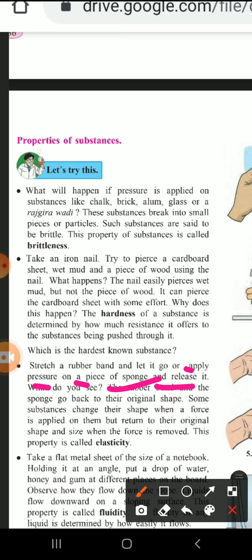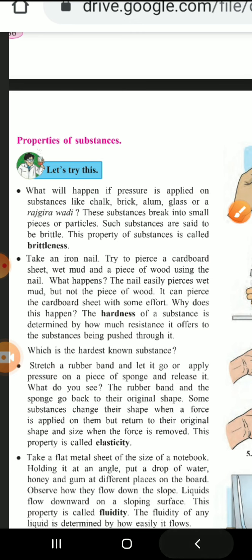The rubber band and the sponge go back to their original shape. Some substances change their shape when a force is applied on them, but return to their original shape and size when the force is removed. This property is called elasticity.